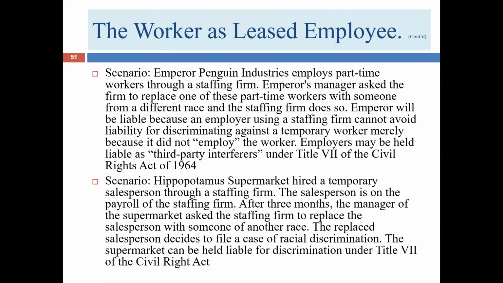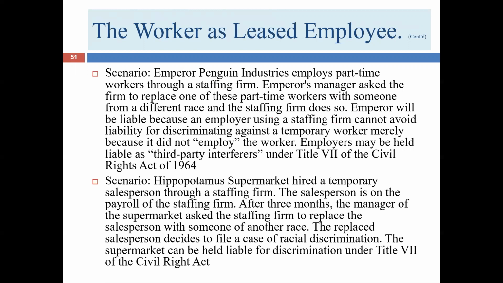Emperor can't avoid liability by asking somebody else to break the law for it. That's not how the law works. If I tell someone to break the law and that person breaks the law, well, that person is clearly guilty of breaking the law, but I'm also clearly guilty of breaking the law. So Emperor is going to be liable under Title VII, but also the staffing company is going to be liable under Title VII.